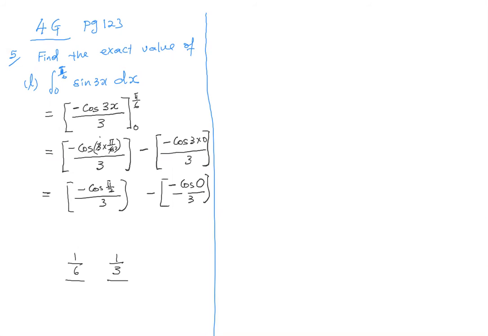Go to the table and tell me what is the value of cos pi by 2. Or you can even use a calculator. The calculator will give you 0. Am I right? Yes, miss. So cos 0 is 1, and we get negative 1/3.